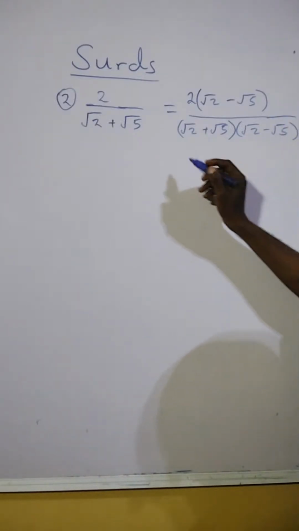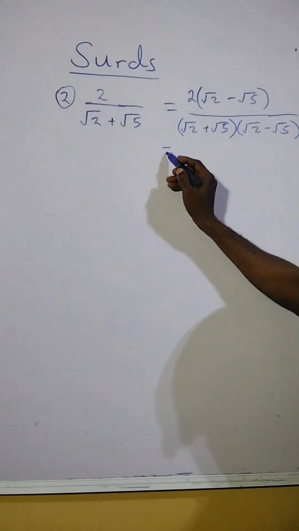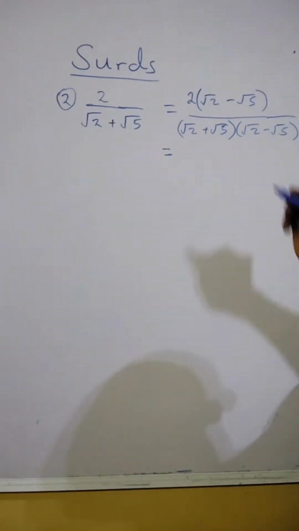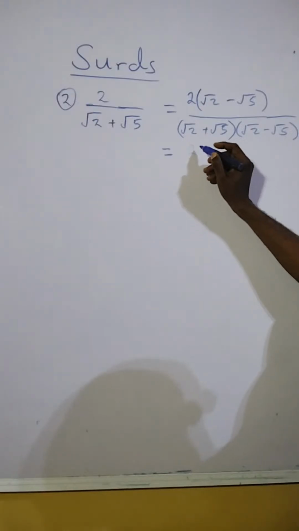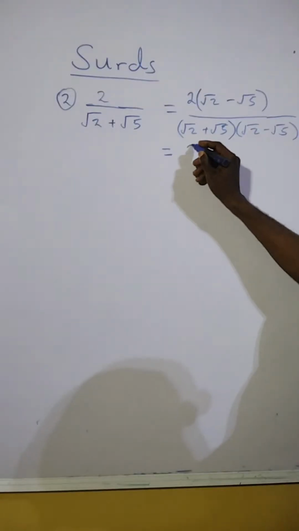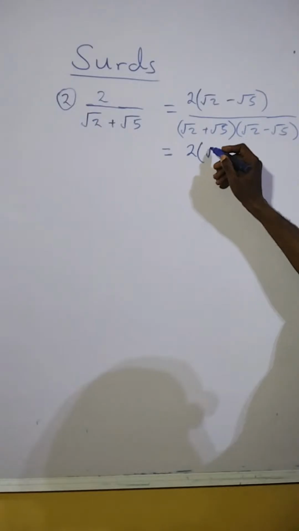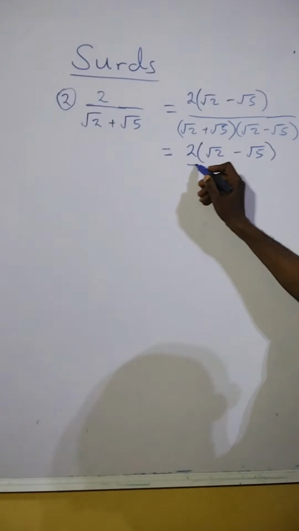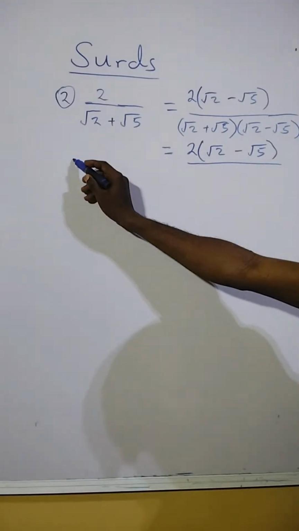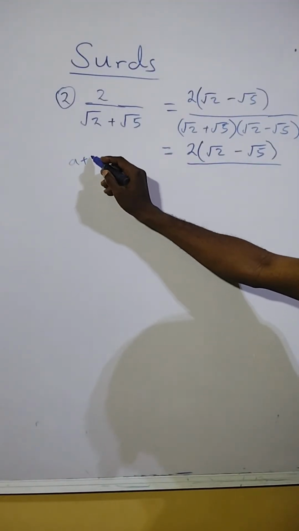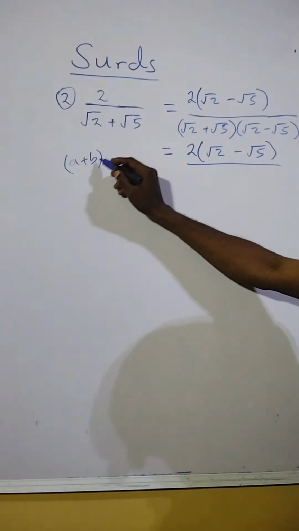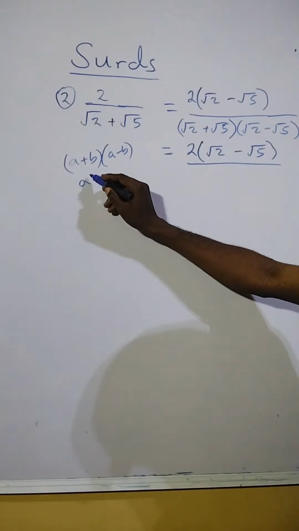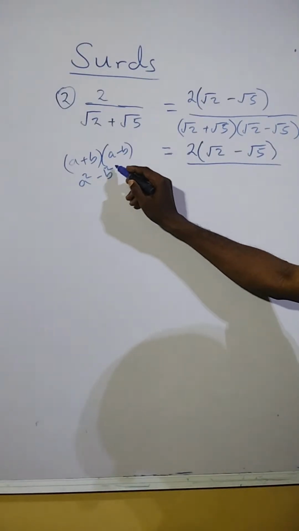Then next step, we open this bracket. Since 2 is multiplying this, it's a constant, we can still leave it as 2 into brackets root 2 minus root 5, then divided by this, which also follows when we have a plus b into brackets a minus b. You can write this as a square minus b square.